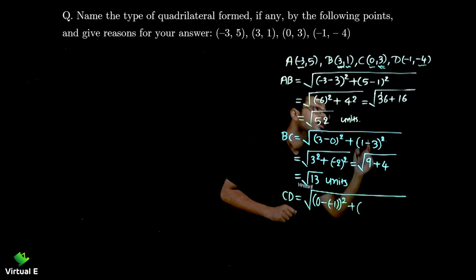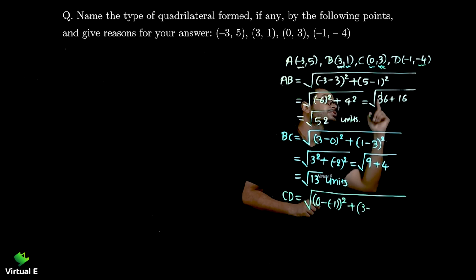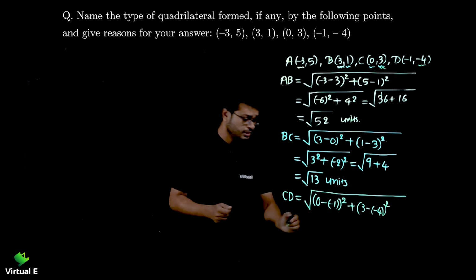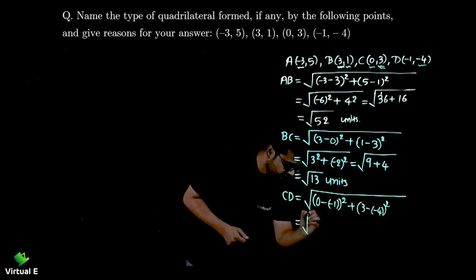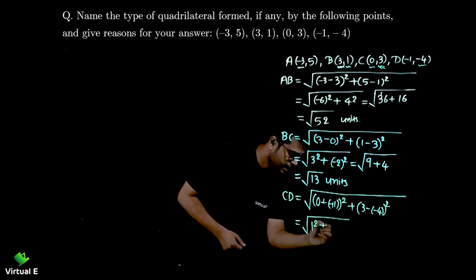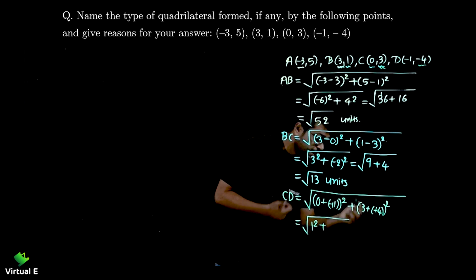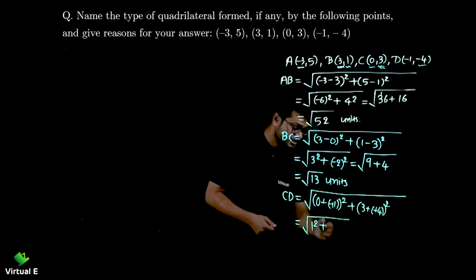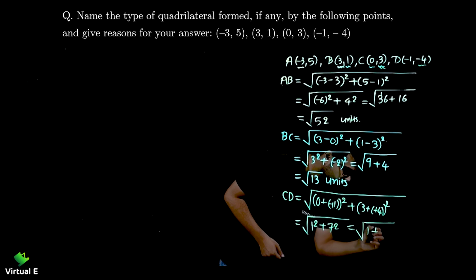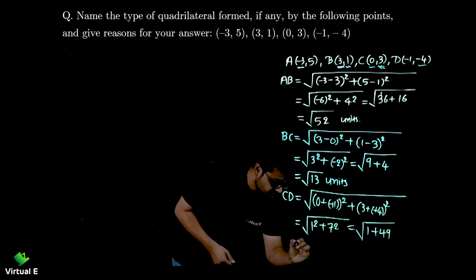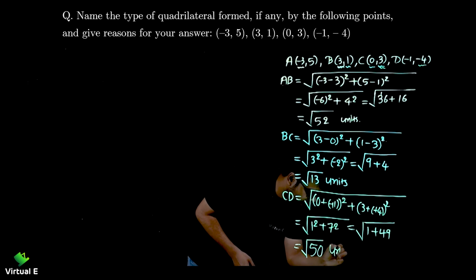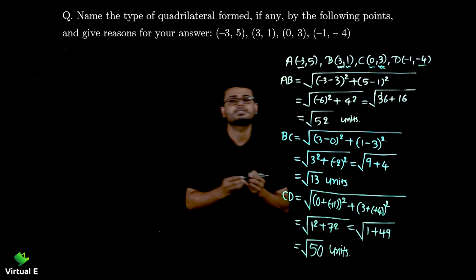So plus y1 is 3 minus -4. Remember. Done? Now let's simplify. Here minus minus will become plus, so 1 square, then plus, minus minus plus again, 3 plus 4, 7 square, 7 square will be 49. So 1 plus 49, 50. Square root of 50. And do not forget units.